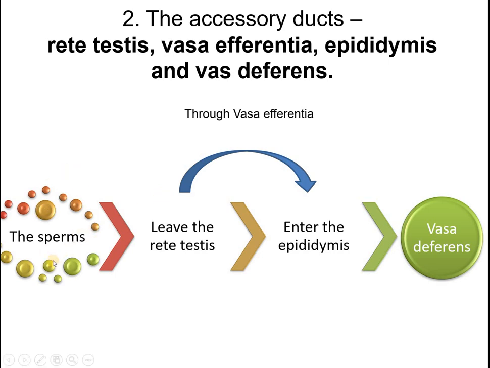The sperms are produced in the testis and they leave through the rete testis and enter the epididymis through vasa efferentia, and last they reach the vas deferens. Through that they are ejaculated outside. Sometimes, students, they may ask you to arrange the accessory ducts in correct order. So this is the correct order. Don't change it.